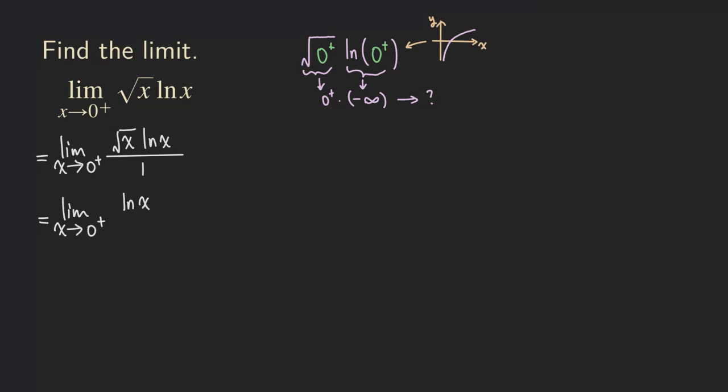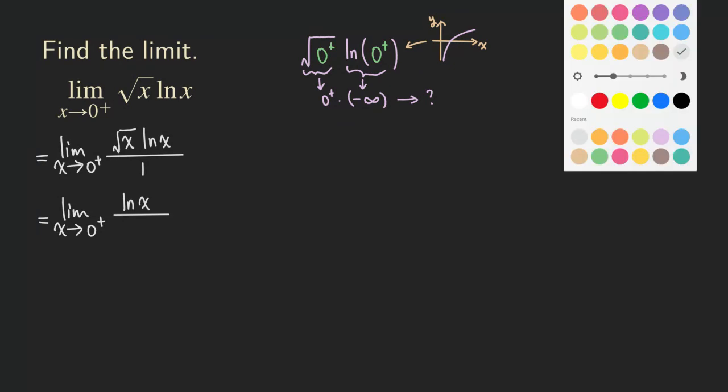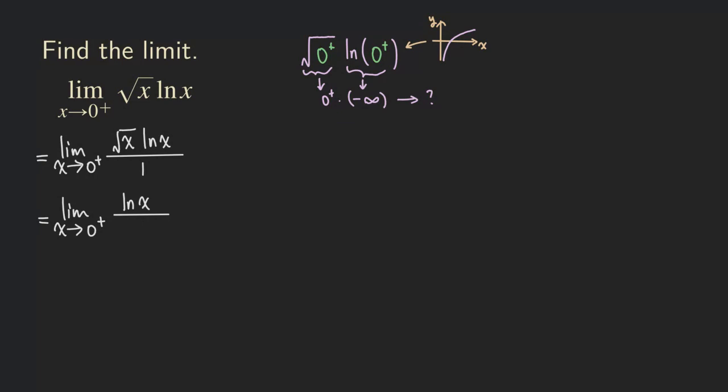And as I just showed you already, we would have x to the negative 1 over 2 at the bottom. Initially, as you can see, this is x to the 1 over 2. So once you move it to the bottom, it becomes what? x to the negative 1 over 2.